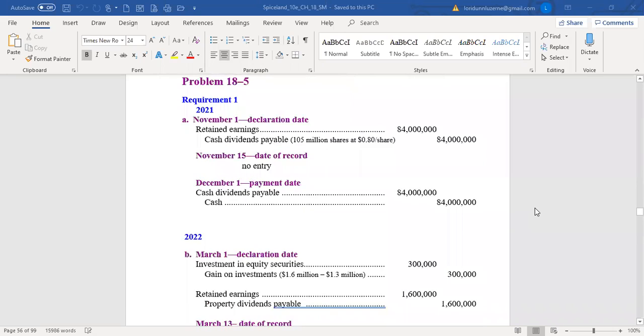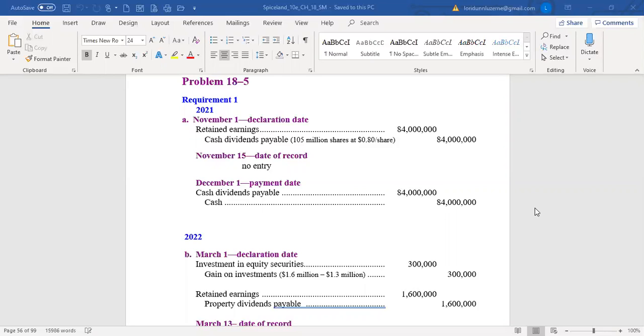First of all, the first thing the company will need to do is write the investment that they're giving out as a dividend, so the asset, up or down to fair value on the date of declaration. So since these investments have a higher value than what they are on the books of Branch Rickey, they're going to debit the investment in equity securities for $300,000.